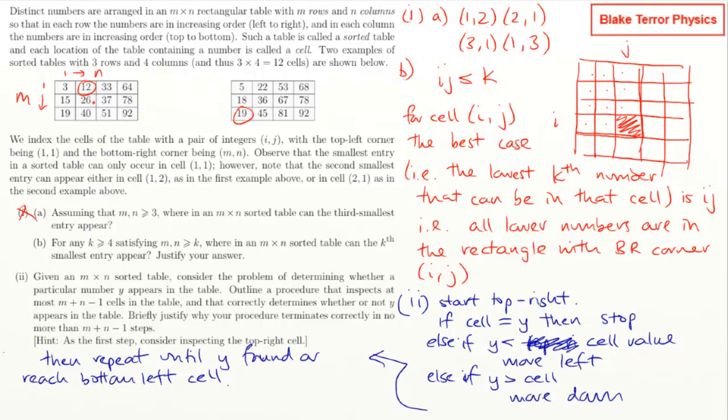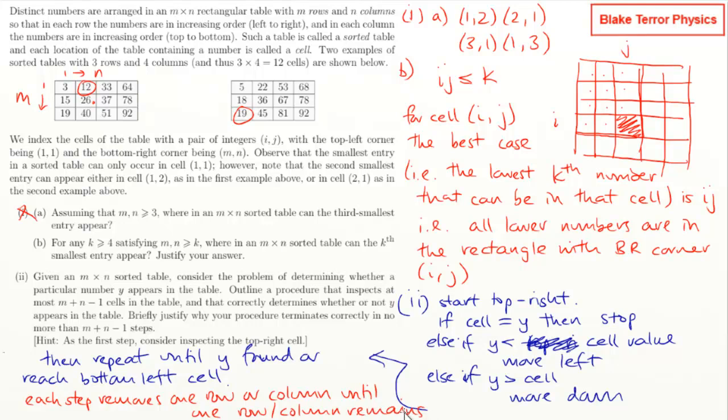We have to then briefly justify why it terminates in no more than m plus n minus 1 steps. Okay, so for that part, each step removes one row or column until one row or column remains.